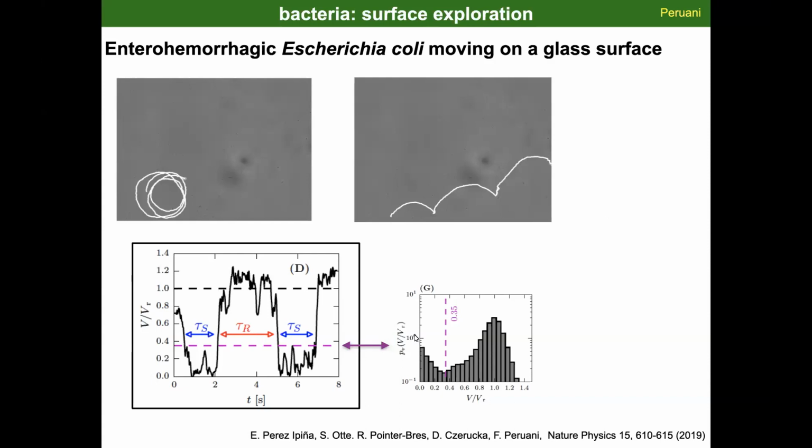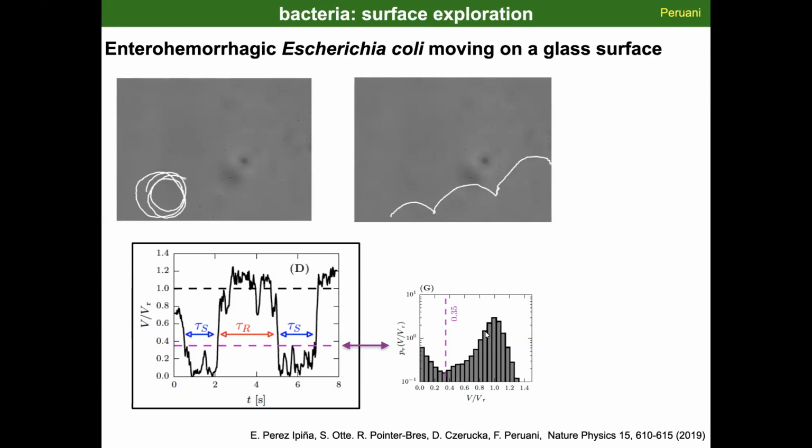And if you make a histogram of the speed, you will realize that the speed is bimodal. It's distributed in a bimodal way, and you can use the local minimum to define a threshold and decide, for example, that if it's below that threshold, the bacterium is in a stop phase, and if it's above that, the bacterium is in a running phase.